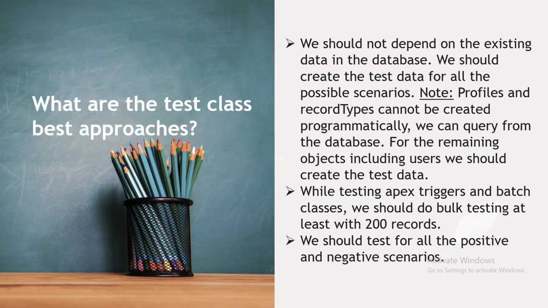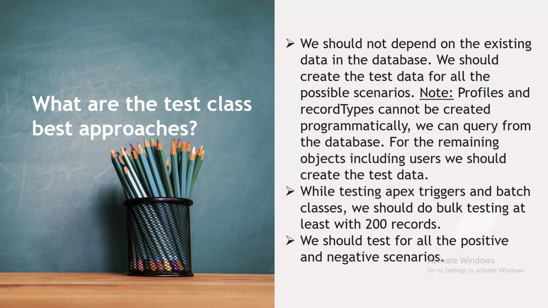And coming to one more question, what are the best approaches for test classes? We should not depend on any existing data in the database. We should create test data for all the possible scenarios. Profiles and record types cannot be created programmatically, so we can query them from the database.